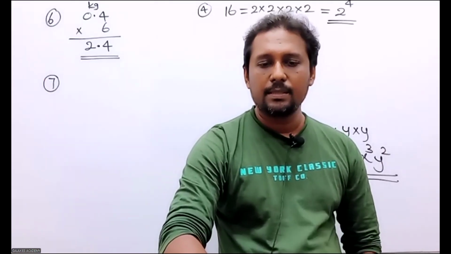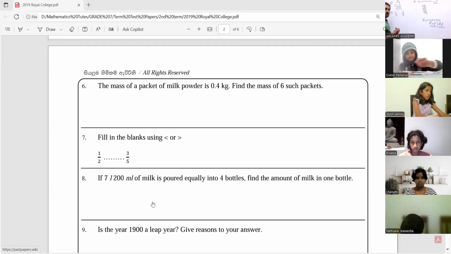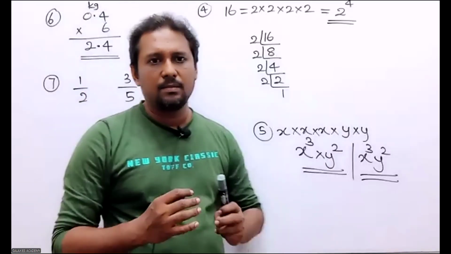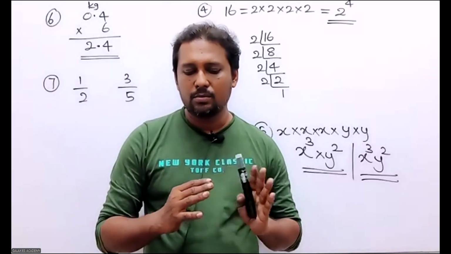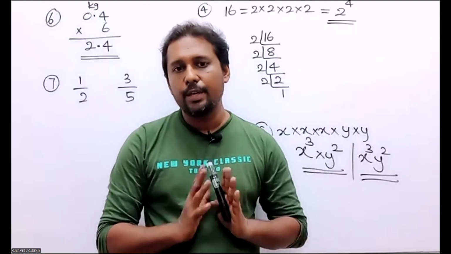Right. Number 7. 1 over 2 and another fraction given, 3 over 5. You have to compare, less than or greater than. If you want to compare the two fractions, you have to make equal numerators or denominators.